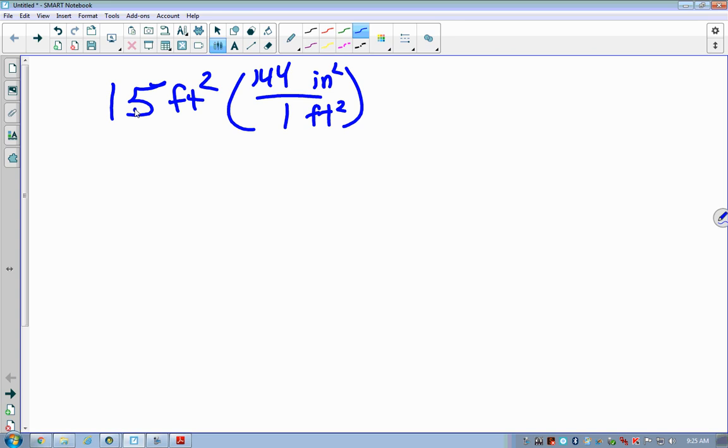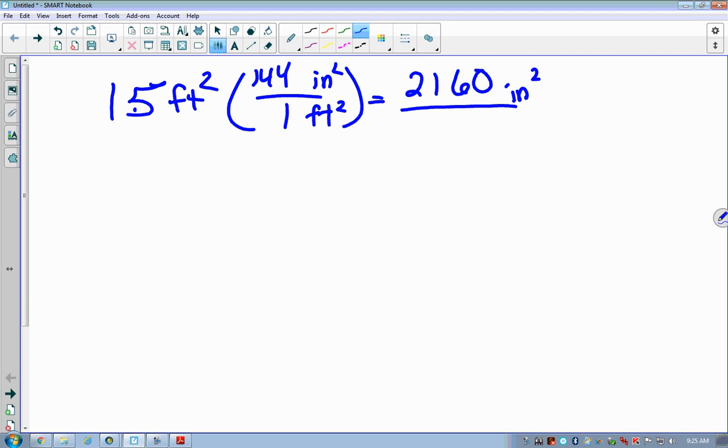All right, so let's convert 15 square feet into square inches. What are we going to do in order to do that? What's that? 15 times 144. Okay, what's 15 times 144? 2,160.